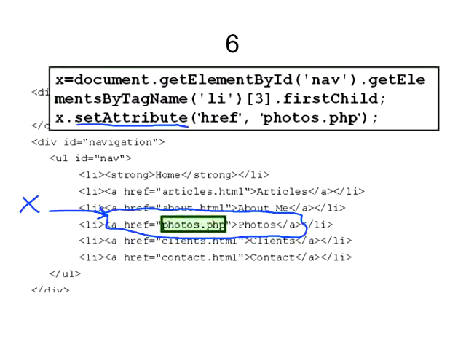So if we write x.setAttribute href photo.php, that means the value of the attribute href will be modified to photo.php.